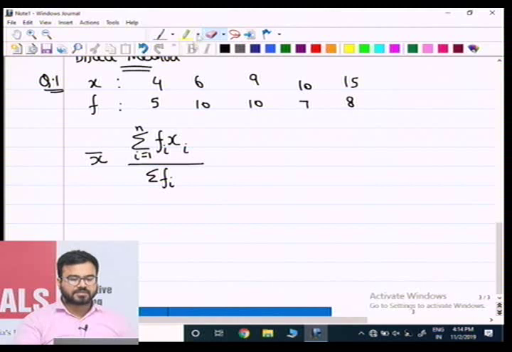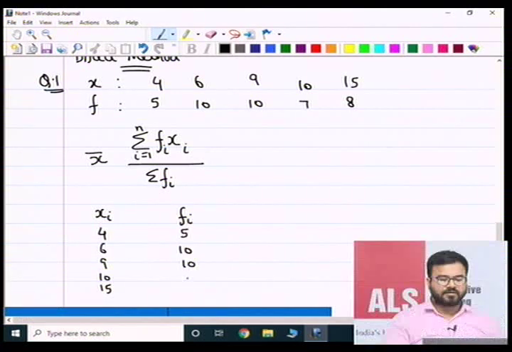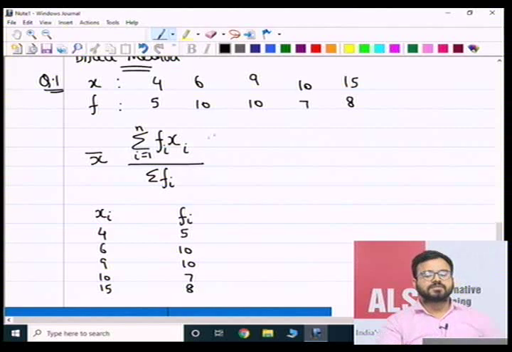In the first column we write xi, then fi. x is 4, 6, 9, 10, 15, then f is 5, 10, 10, 7, 8. These are the two columns which are given. The third column we can make is the total marks, which is the multiplication of xi into fi.